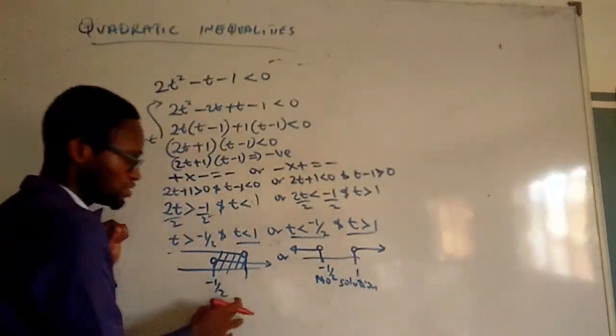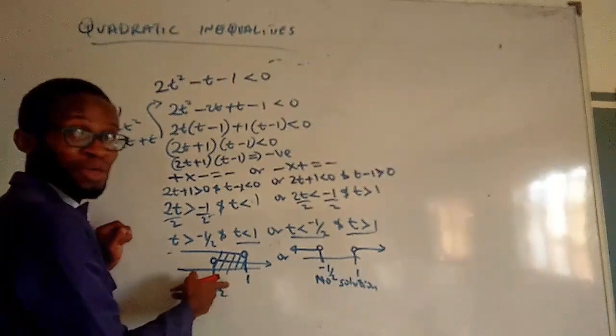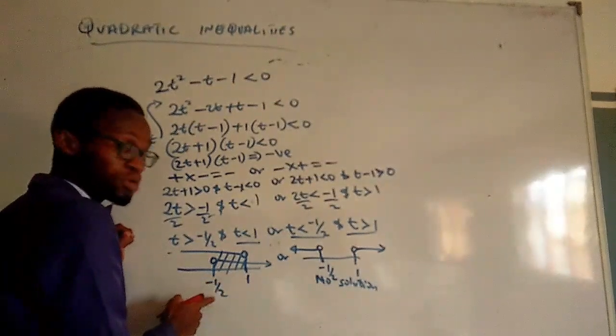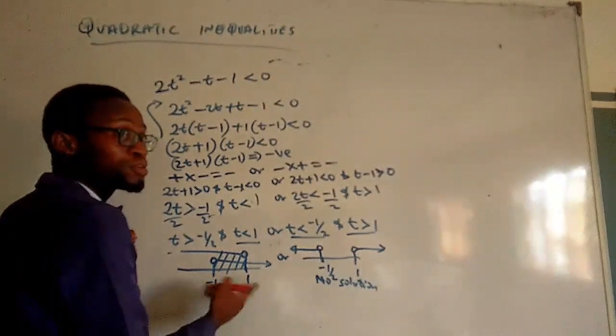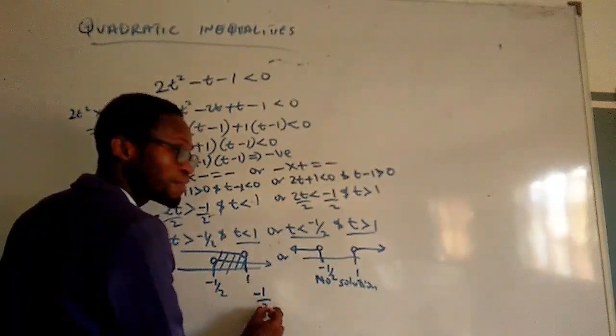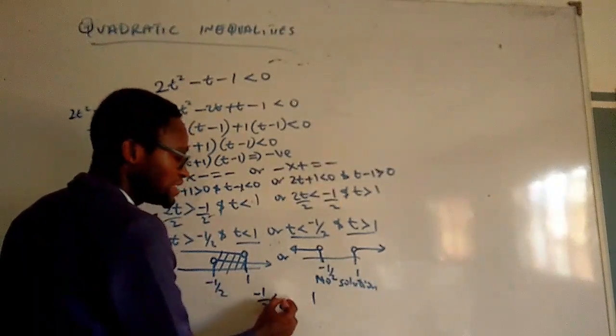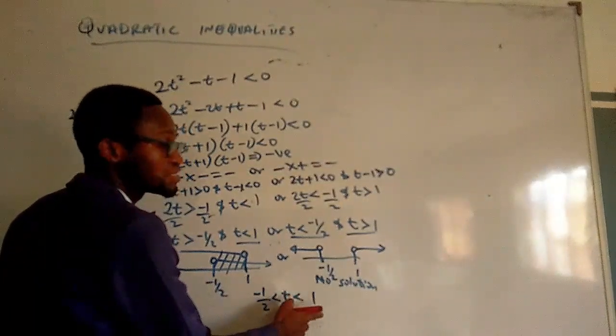Now coming to this place, this is where we have a solution: our t is between minus half and 1. So our final answer is minus half less than t less than 1.